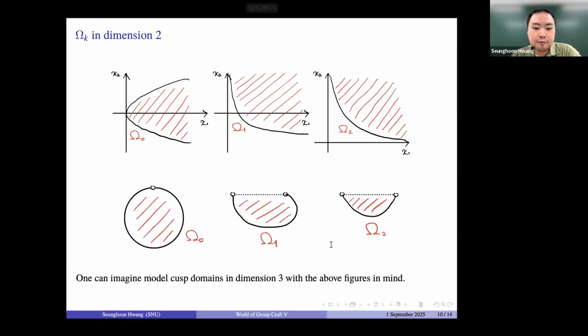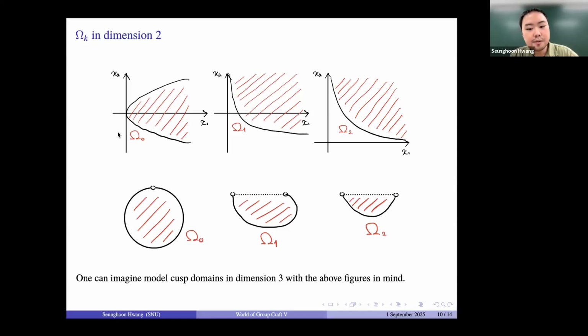Here are some pictures I drew myself so that you can have some figures in mind, especially in dimension 2. This is type 0. On the leftmost side, we have the type 0 domain. In an affine view, it's nothing but the epigraph of a quadratic function. And in the projective view, we have a unit disk.